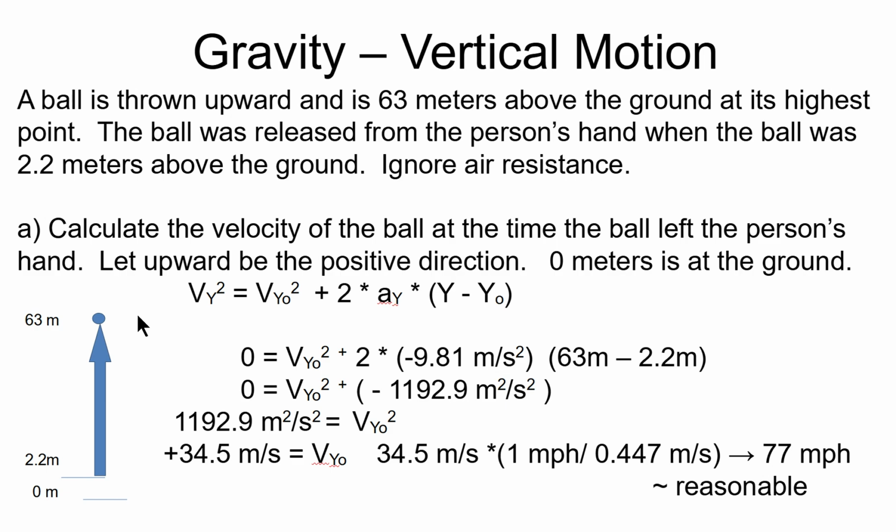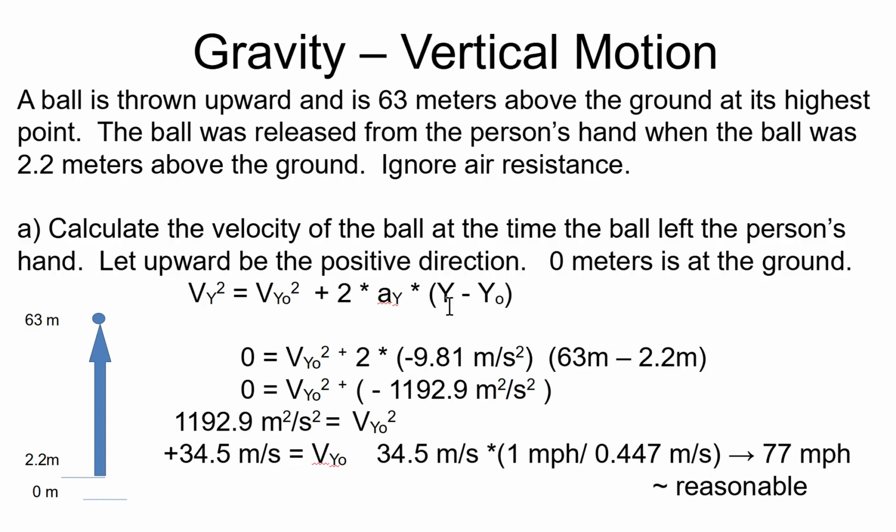We do not know the time of travel from the launch up to the highest point. So three of the kinematic equations have that T symbol in them, the time. So we're not going to use those. We're going to use what I'll call the fourth kinematic equation. It only has one unknown for us, only one unknown.